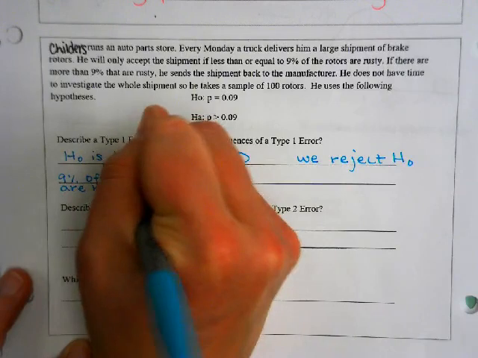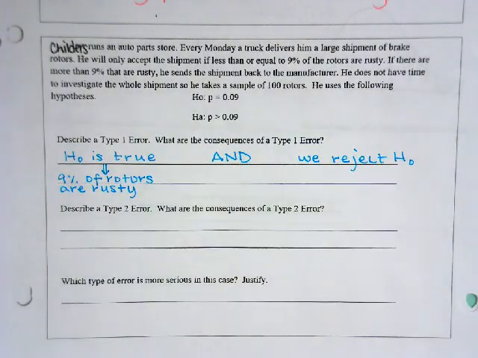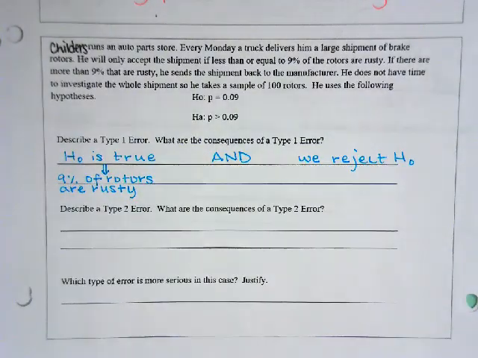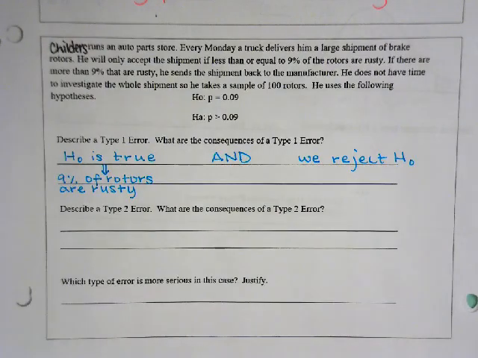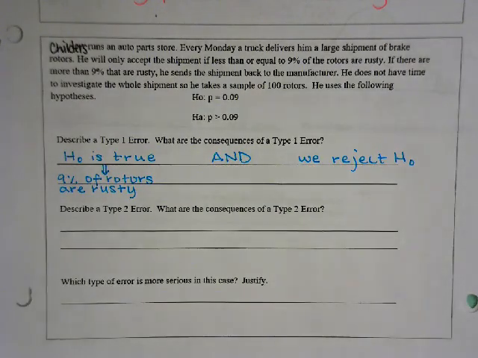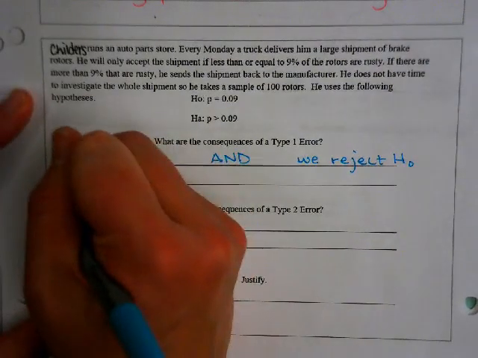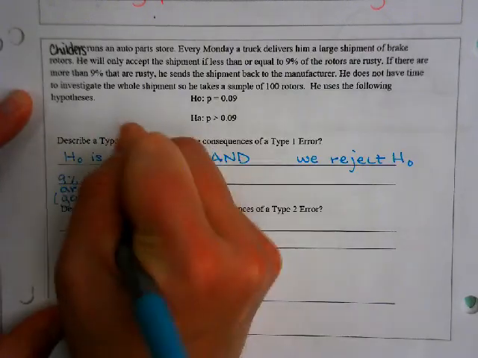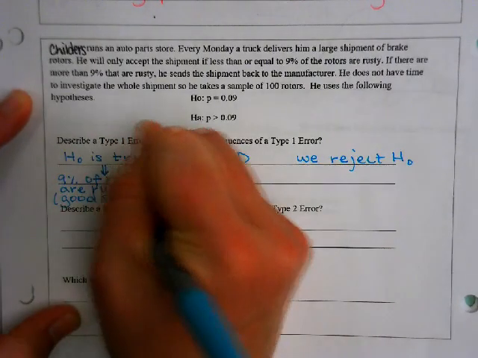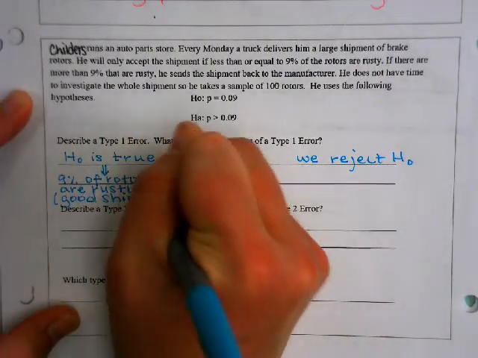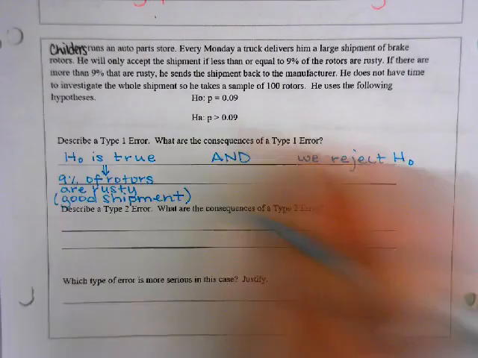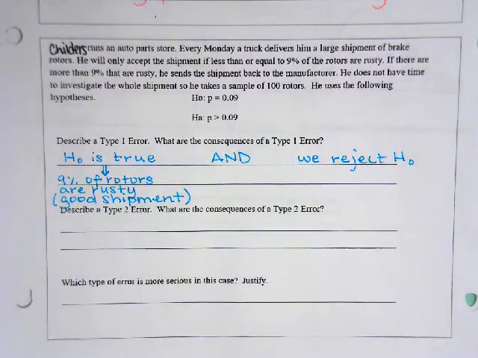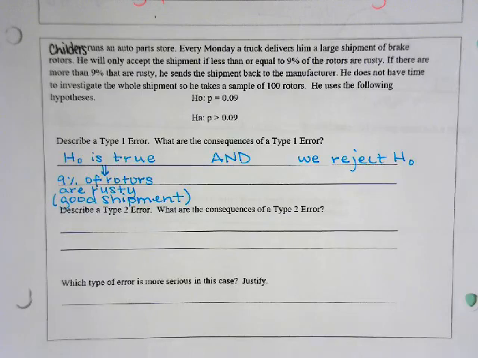And if 9% of the rotors are rusty, it's a good shipment and Childers will accept it. If we reject H null, that means we're accepting the alternative as truth.